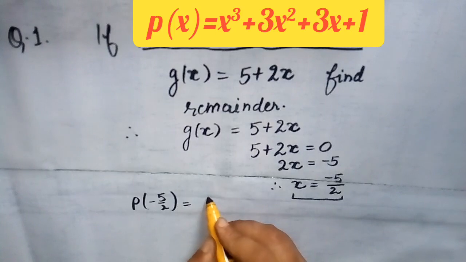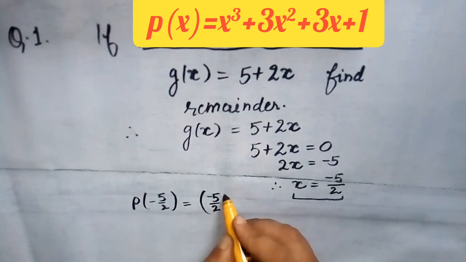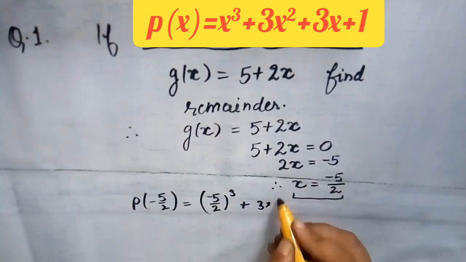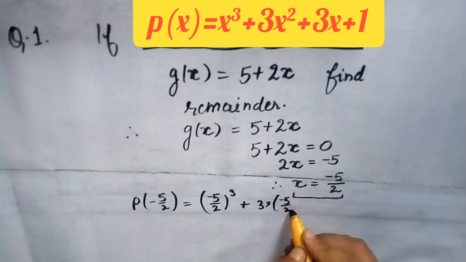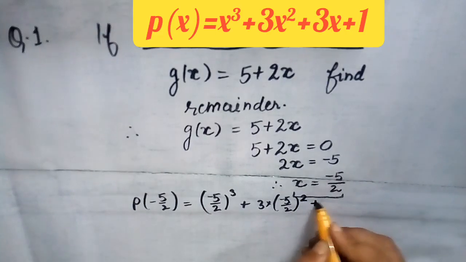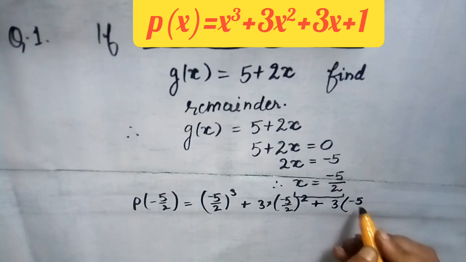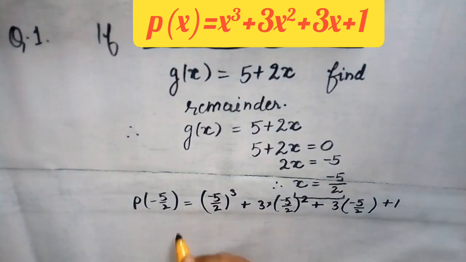It will be equal to minus 5 upon 2 whole cube plus 3 into minus 5 upon 2 whole square plus 3 into minus 5 upon 2 plus 1.